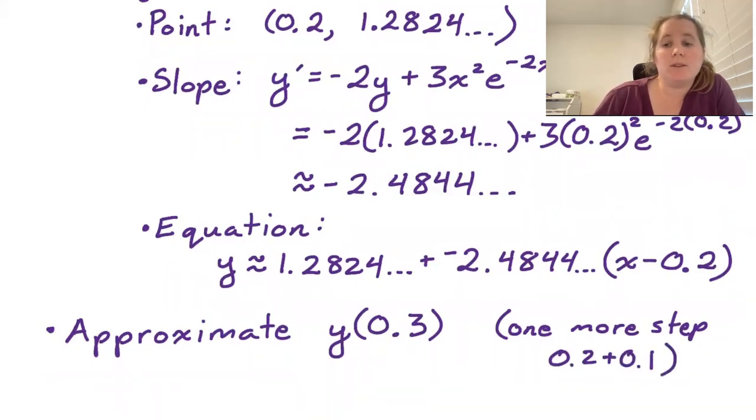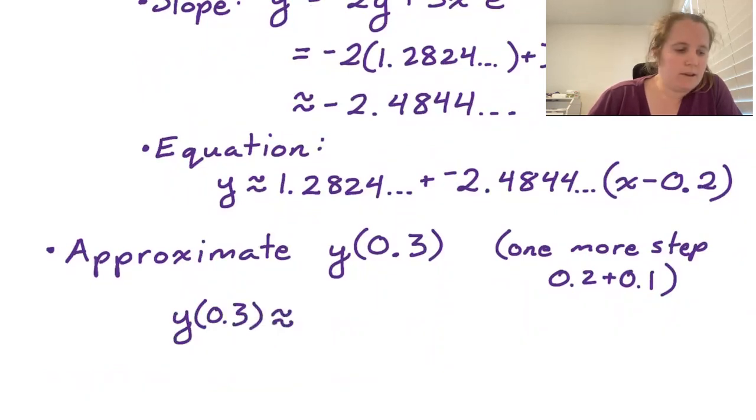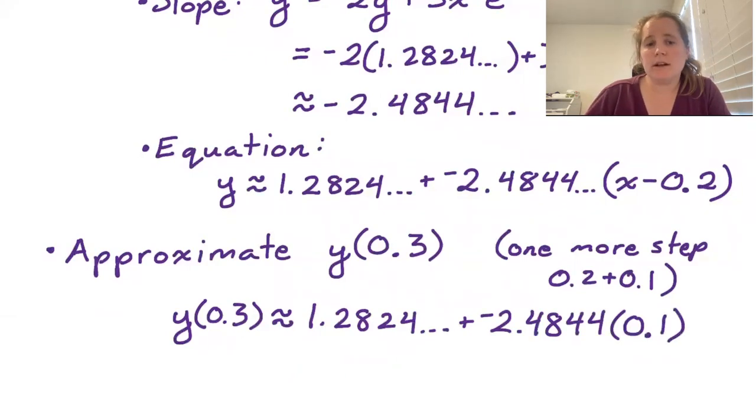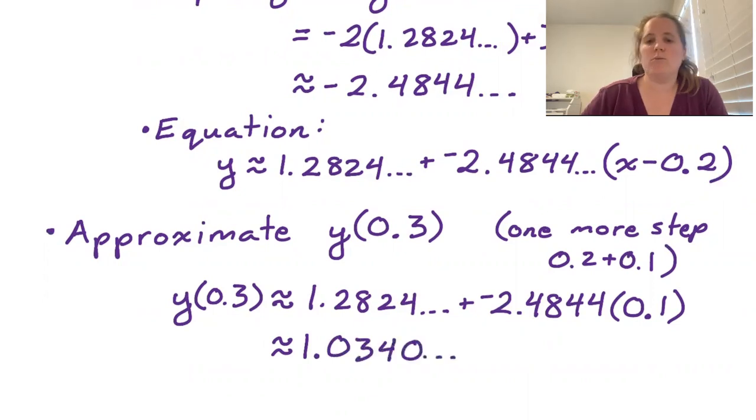So approximating y of 0.3, we have y of 0.3 is approximately 1.2824 plus negative 2.4844 times 0.1. And plugging that into our calculator, we get that this is approximately 1.0340 with more digits to follow.